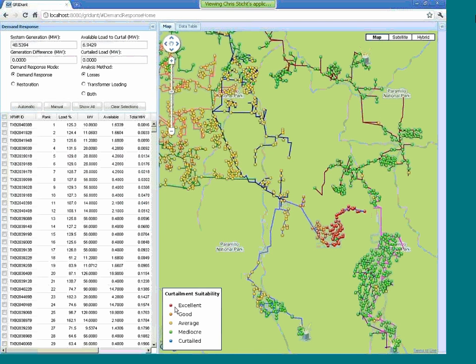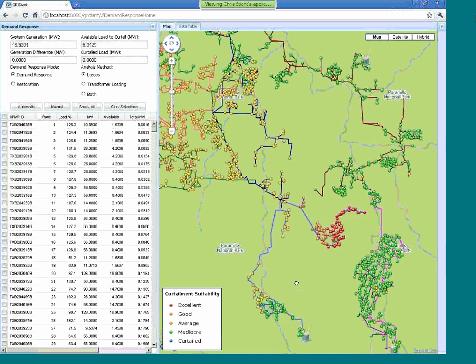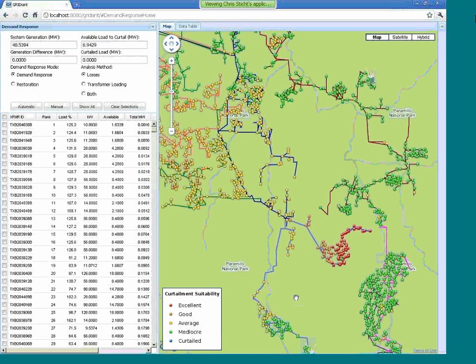All these little cherries represent customers. The orange cherries are not as good for demand response, but still quite good. Yellow, not as good, and green, you're not getting much back out of it. It's probably closer to a one-to-one relationship.